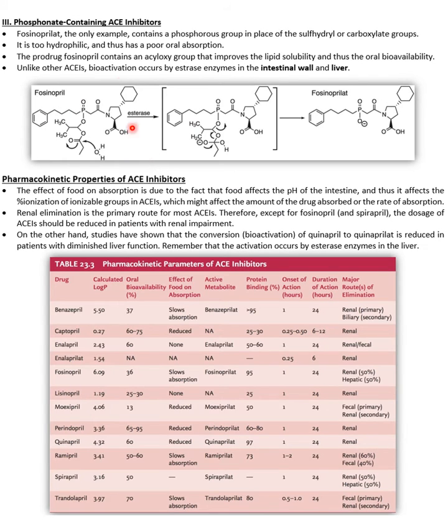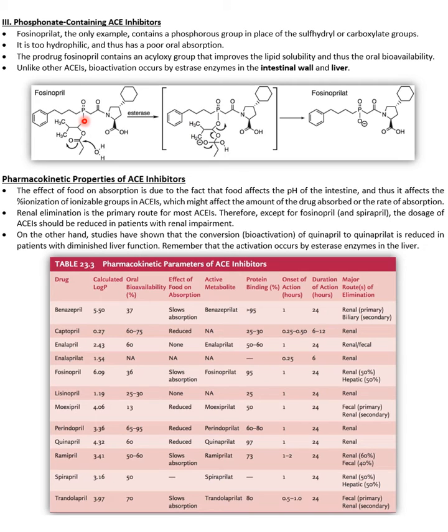The third subclass of the ACE inhibitors is the phosphonate-containing ACE inhibitors. Basically it has the phosphonate group here, and just like the dicarboxylate, it's also hydrophilic. It has poor oral absorption.